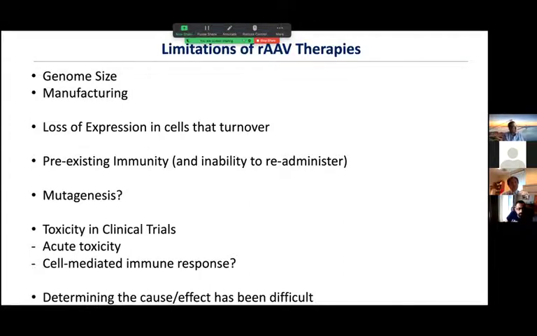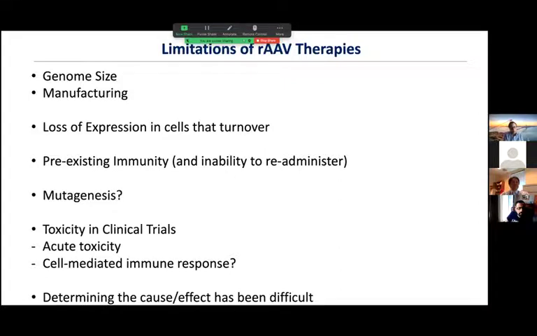Most of the time, this has been abrogated by giving a short course of steroids that are relatively safe. So again, it's not a showstopper, but it is something that has caused some issues.